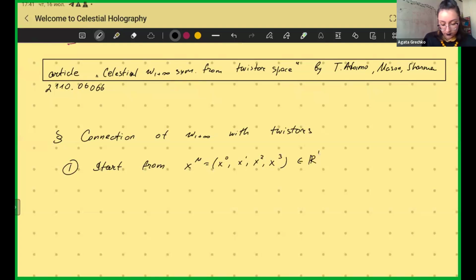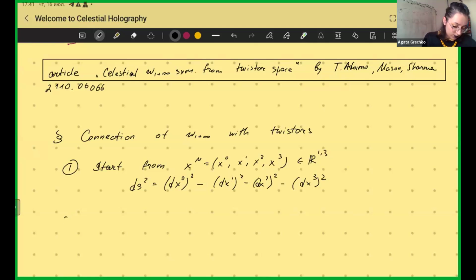And they live in a Minkowski space, which is defined by the metric plus minus, dx0 squared minus dx1 squared minus dx2 squared minus dx3 squared.